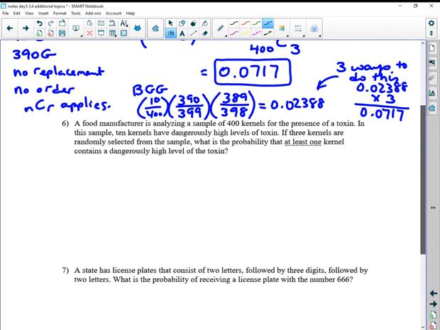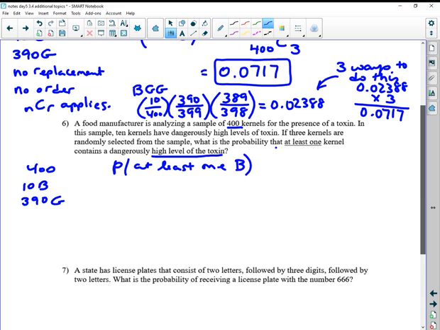Okay, this problem. 400 kernels again, same exact situation. We've got our 400 kernels, we've got 10 bad, we've got 390 good. Same situation, but this time we want at least 1 that has a high level of toxin, so at least one bad is what we want.